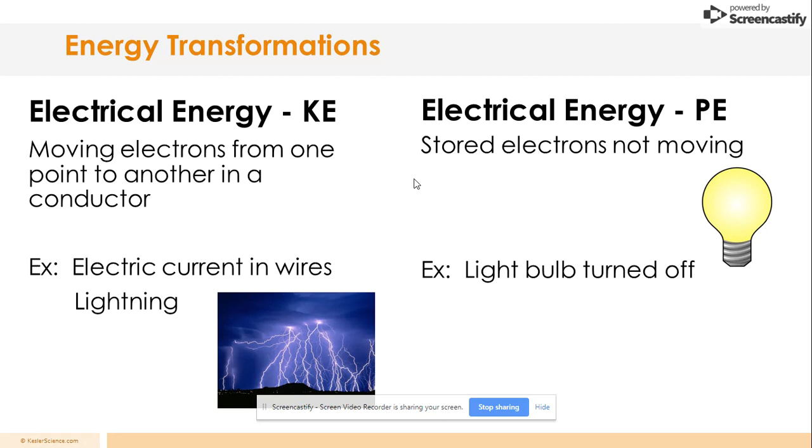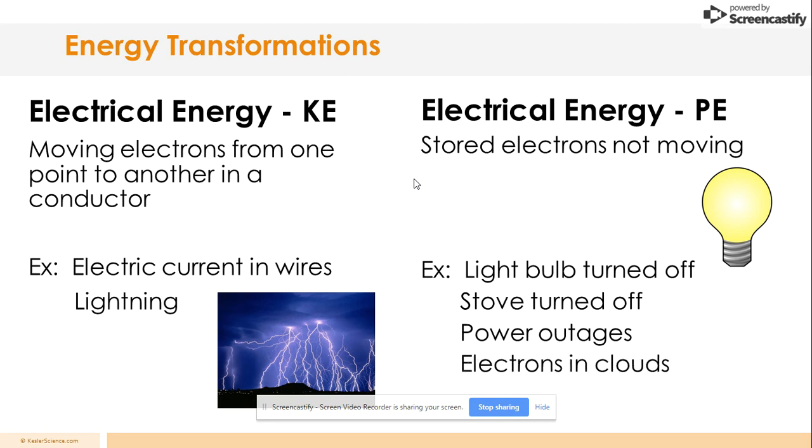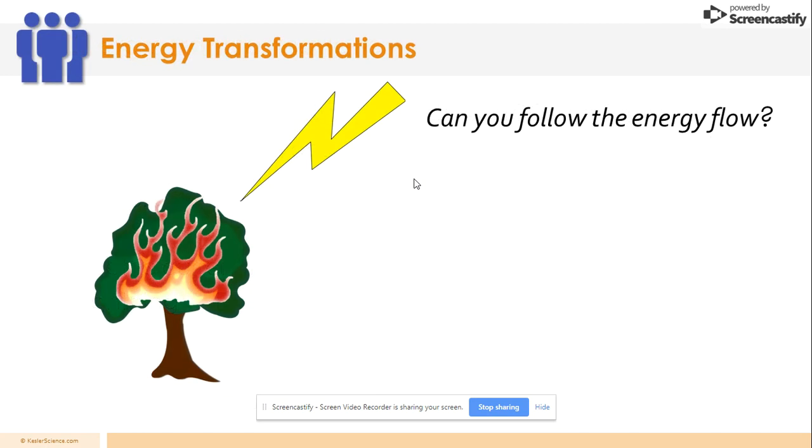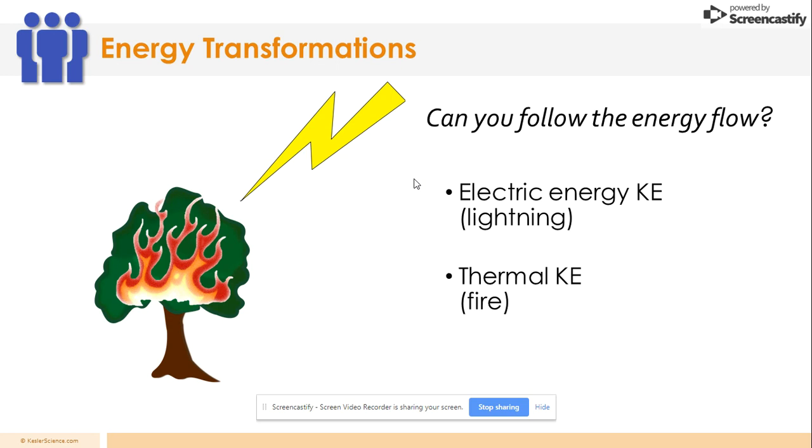So let's say that light bulb is turned off, or the stove is turned off, or when we have something like a power outage. The electrons in clouds. Can you follow the energy flow? Here we see the electrical energy of lightning converted into thermal energy of fire.